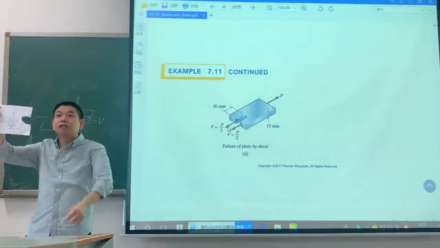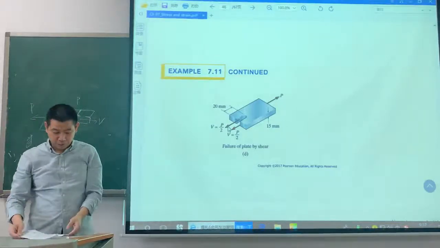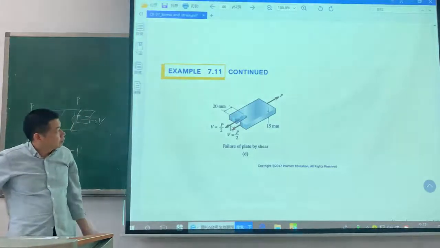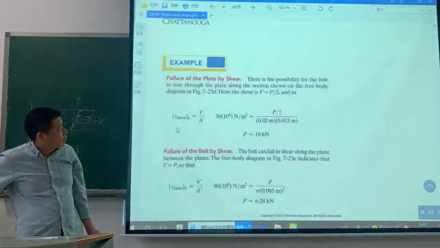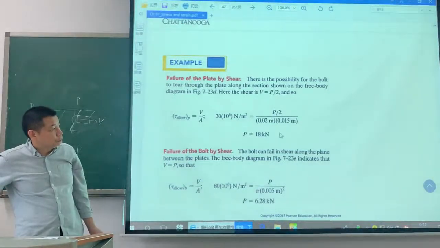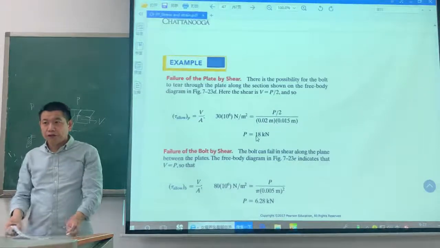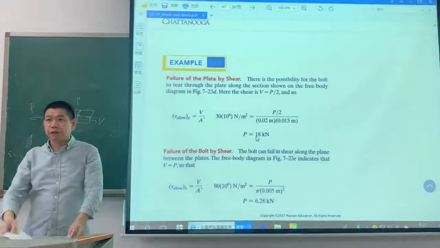So this is the formula. If P is more than 18, it will be broken like this.